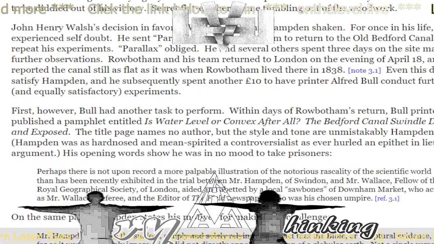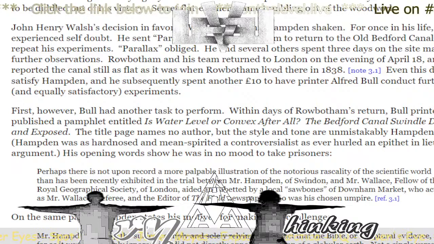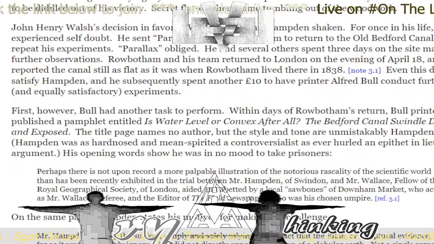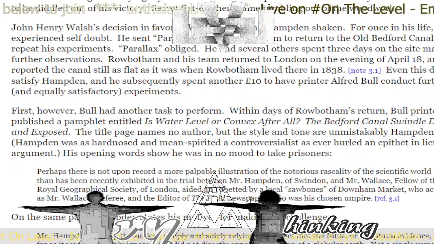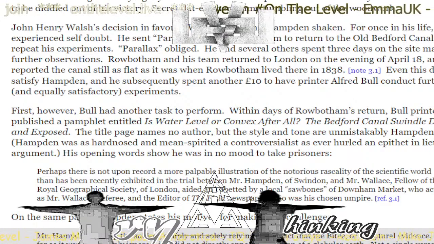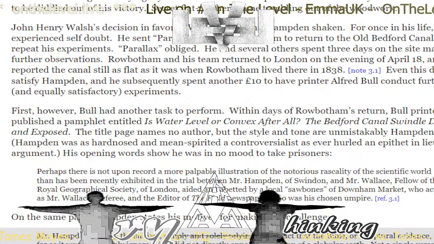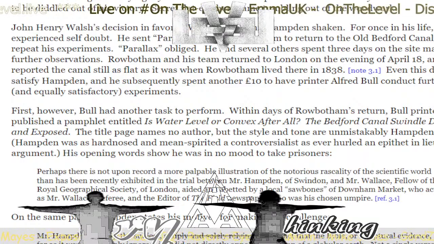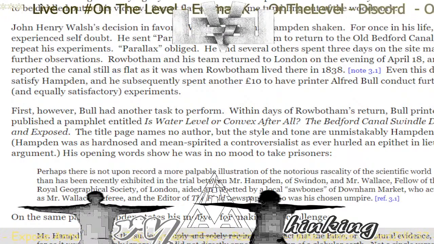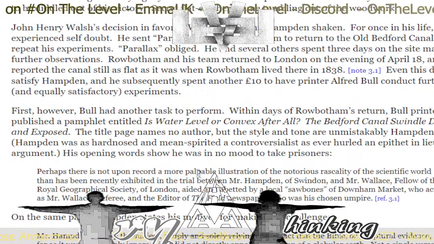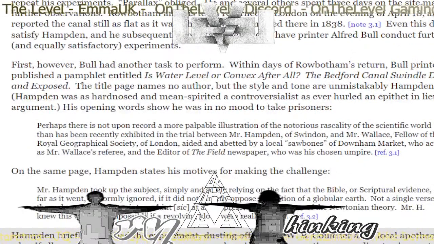Hampton was as hard-nosed and mean-spirited a controversialist as ever hurled an epithet in lieu of an argument. Wow. His opening words show he was in no mood to take prisoners. On the same page, Hampton states his motives for making the challenge.